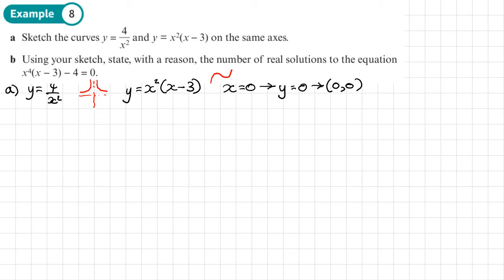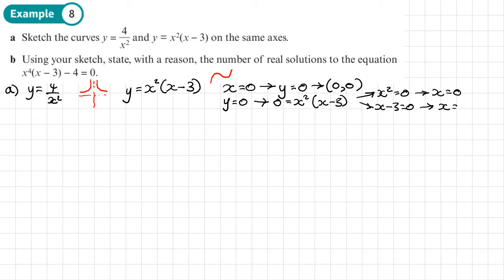And then we'll make y equal to 0, which means we'll have 0 equals x squared times (x minus 3). This either means that x squared equals 0, which means that x equals 0, which gives us the point (0, 0), which we've got already, or it means that x minus 3 equals 0, which means that x equals 3.